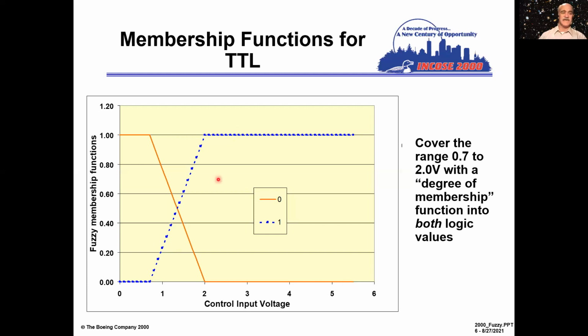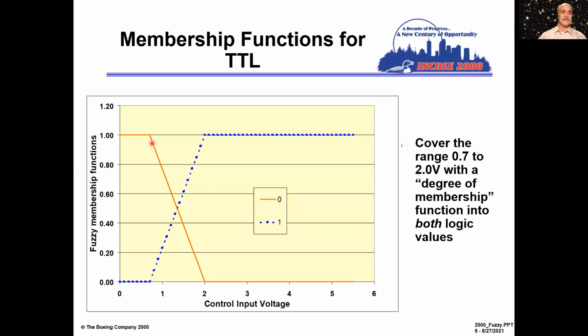It's this intermediate area between 0.7 and 2 volts that becomes interesting. And here we've just used a linear membership function that says in between 0.7 and 2, the membership function is the weighted average of the two inputs.